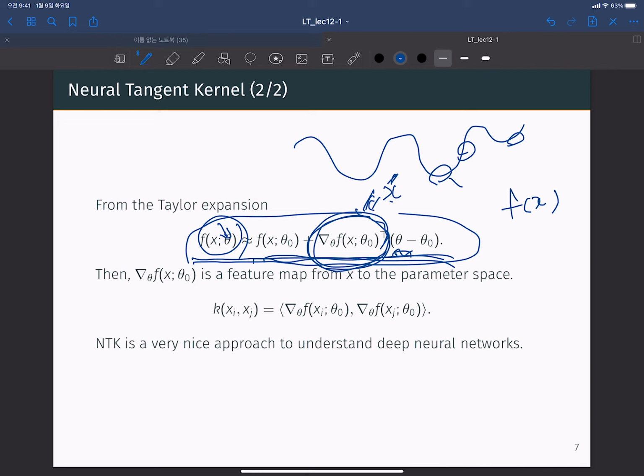Okay, and one nice thing of this approach is there are many nice theory for the kernel method, and the kernel method essentially can explain the generalization behavior. So previously it was totally mysterious.